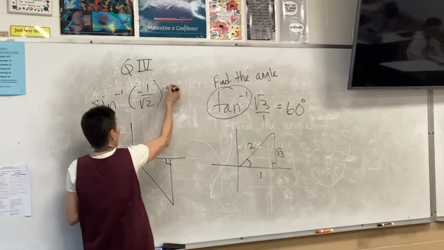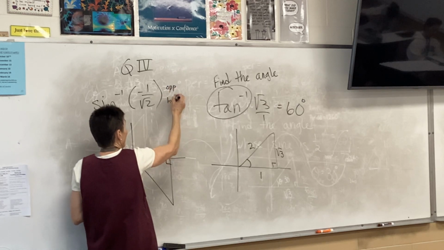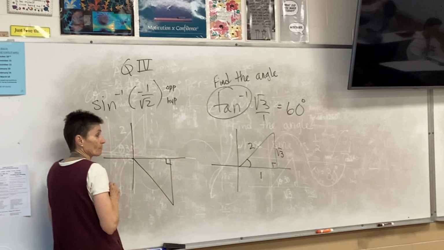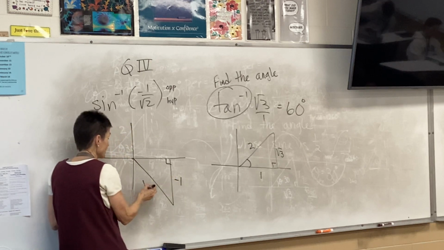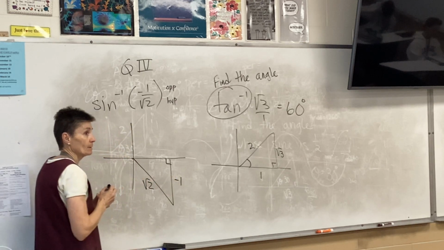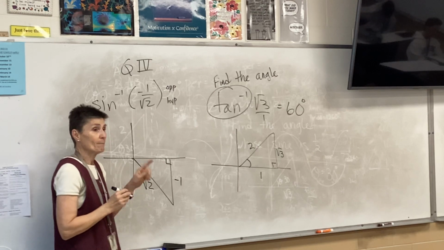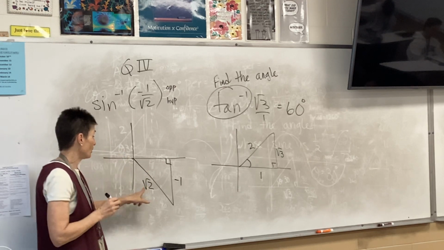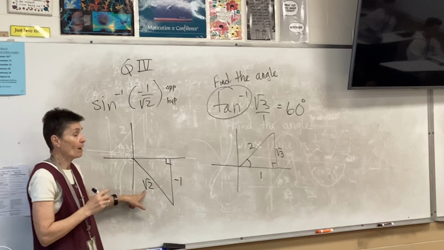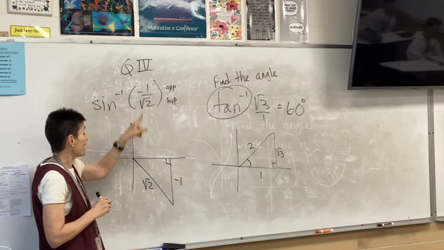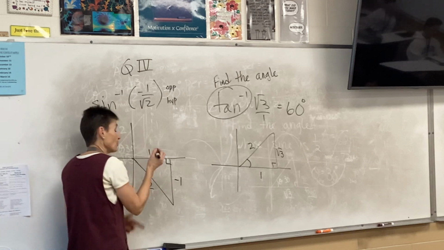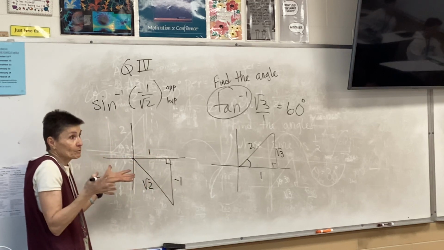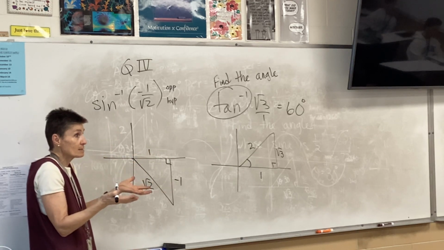Sine is opposite over hypotenuse. So this must be -1, and this must be root 2. Now remember, you're never, ever, ever gonna put a negative on this root 2. That's always gonna be positive. So that negative has gotta go on the 1. And this is also gonna be a 1, not that you have to put that down, but that's what it is.